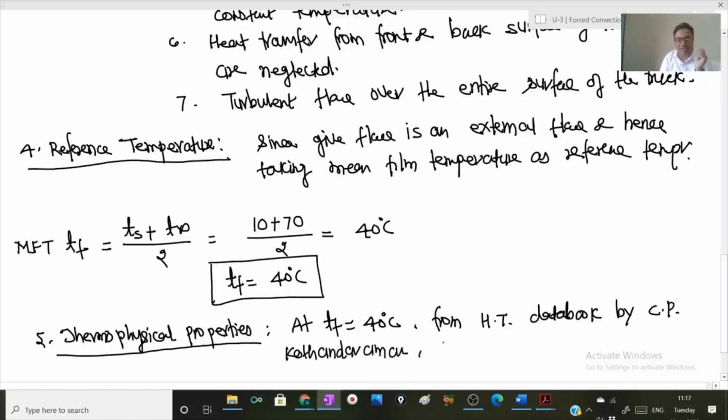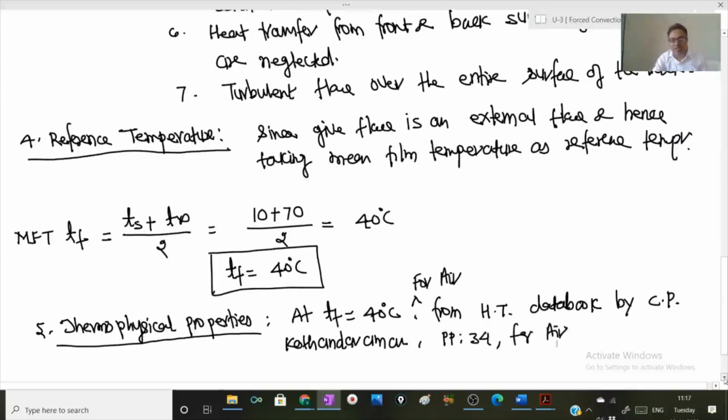And what is that page number? These thermophysical properties will be for air. Page number 34 for air.